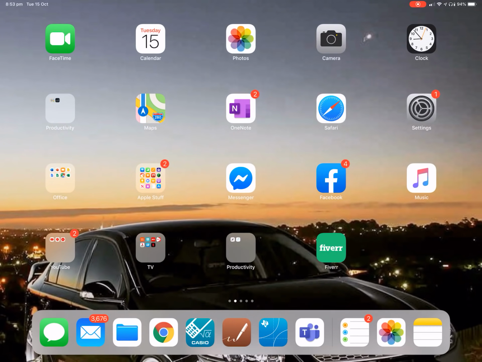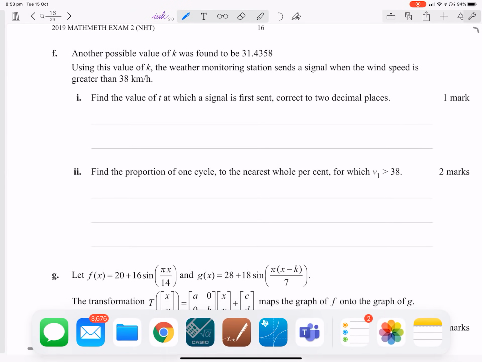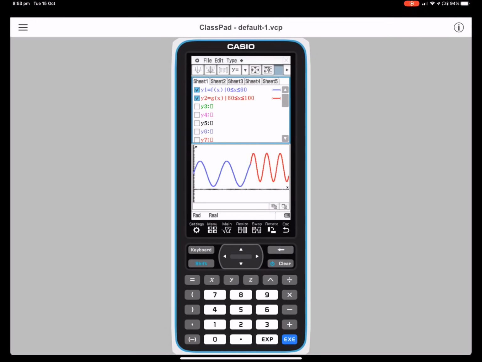And that's with that value. Okay, find the value of t when the wind speed is greater than 38 kilometers an hour. So we can then put 38. Okay, so we can let that function equal 38, and we want to know when it's first 38.